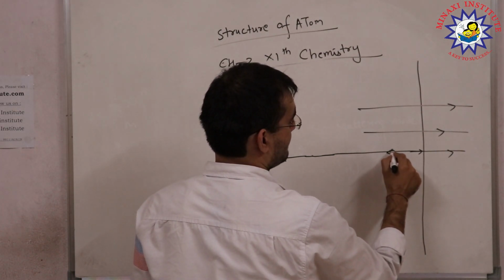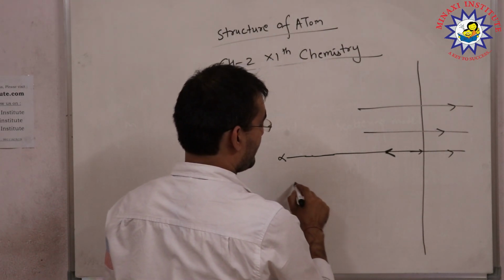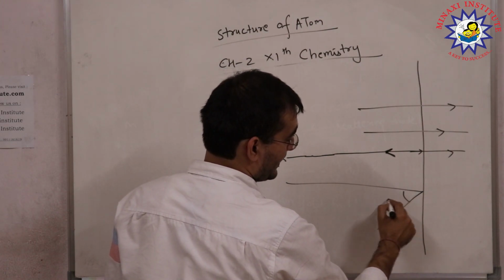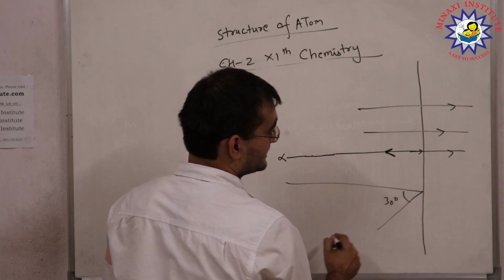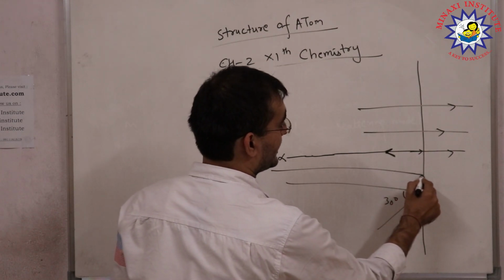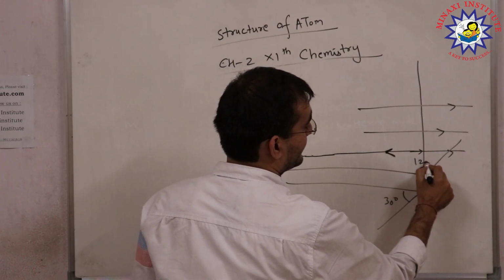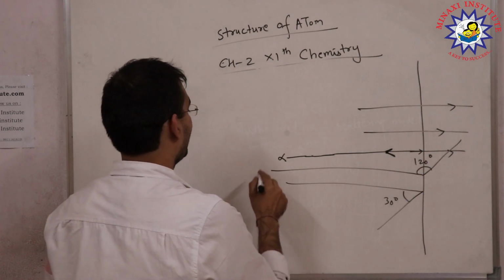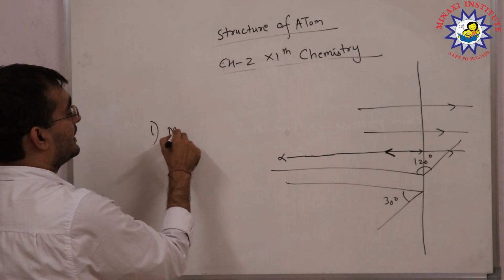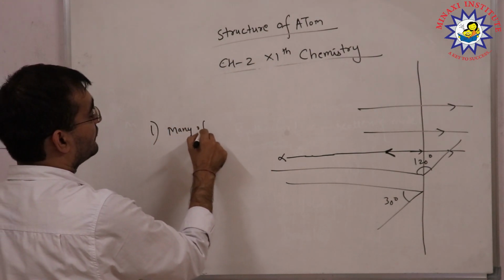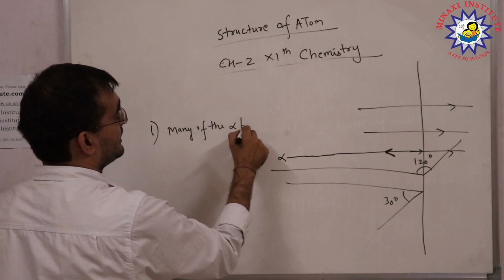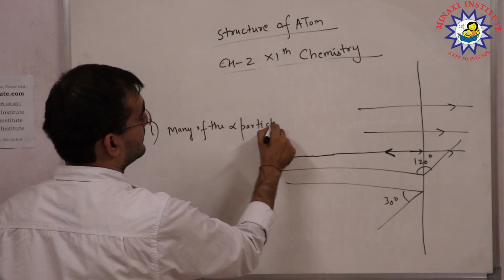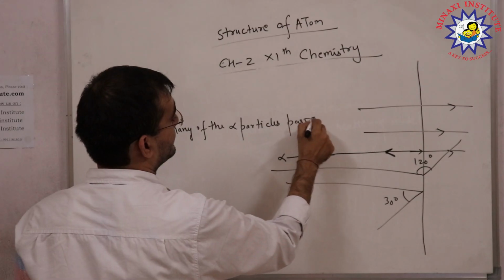Some will reflect back. Some will bend by a small angle, that is 30 degrees. Some by a larger angle, that is more than 120 degrees.